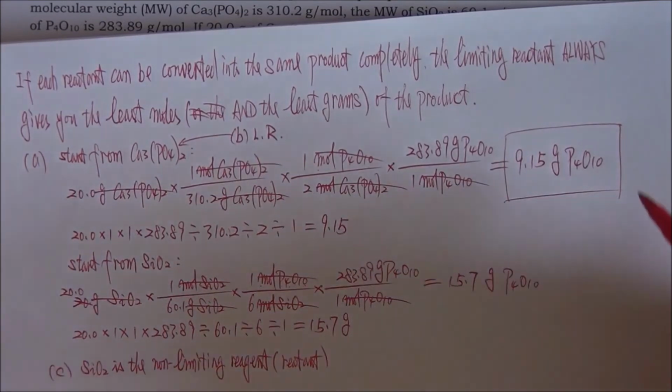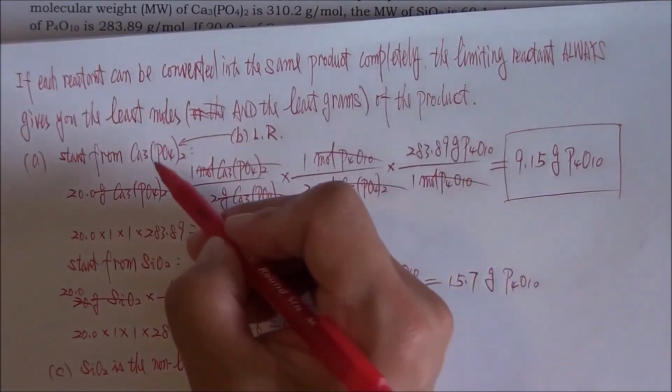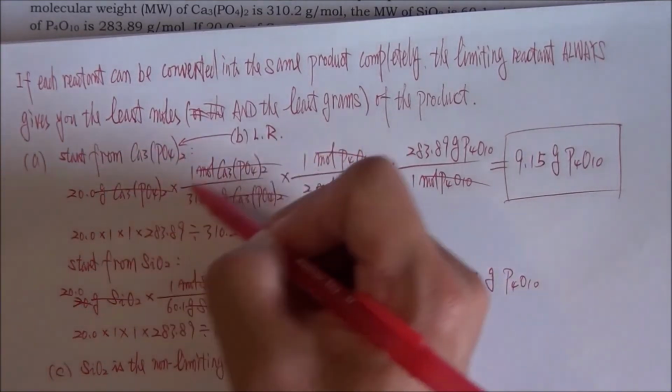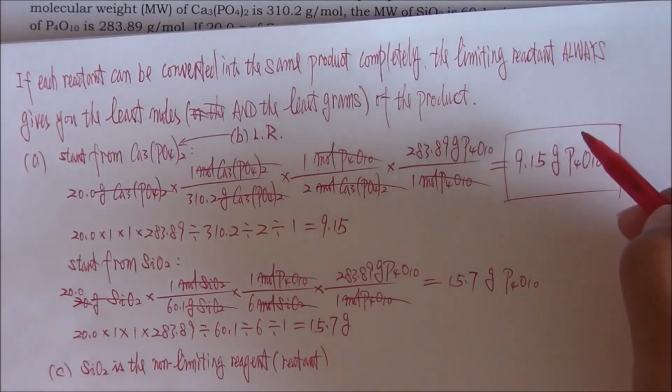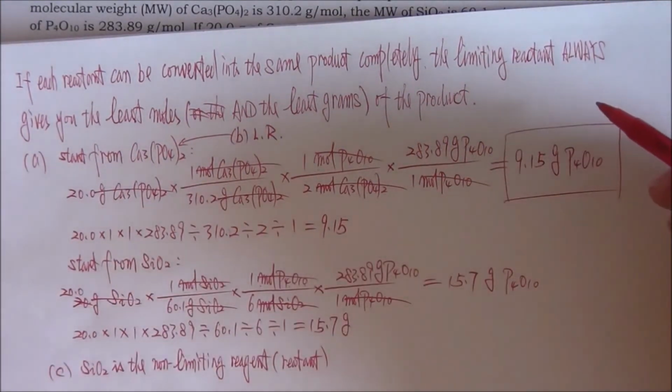Here we use the product to calculate how many grams of silica dioxide reacted during the reaction. Or we can use the limiting reactant, which is calcium phosphate, to calculate how many grams of silica dioxide is reacted. It's better to use calcium phosphate and not tetraphosphorus decaoxide to calculate, because this is a calculated number.